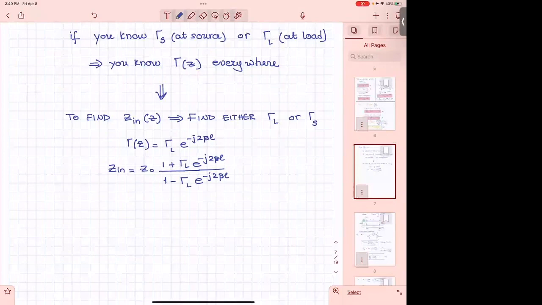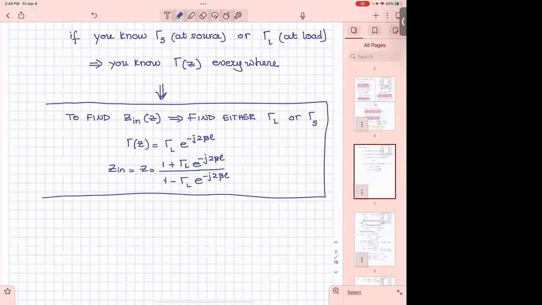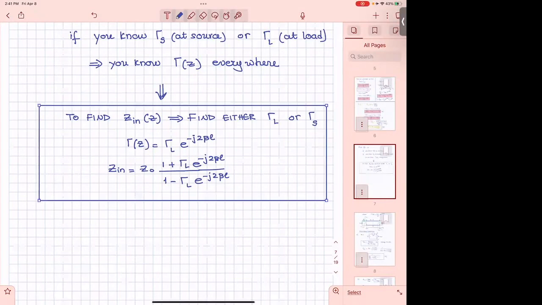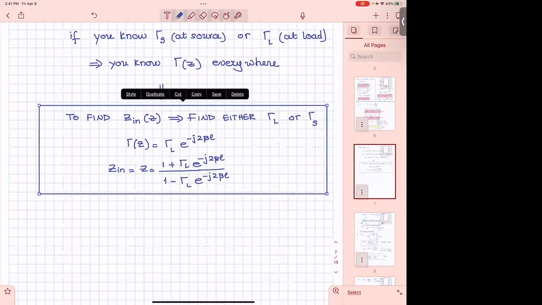So practically, what would be the solution to all of this problem? The solution to all of this problem is here. That's how short your solution is if you know everything that I told you previously, which now you have to have available. So now if I were to give you the same problem and ask you to find the input at A prime, then you will use these formulas to find it.